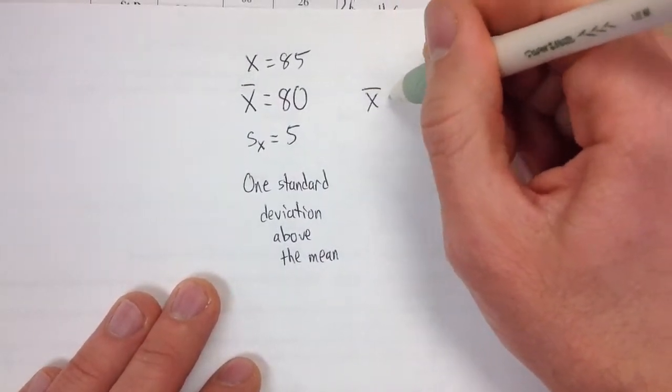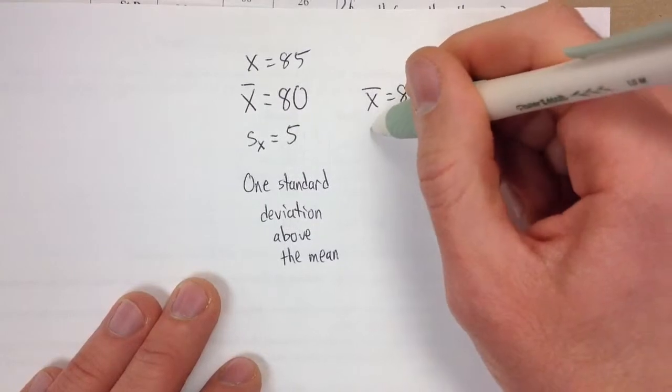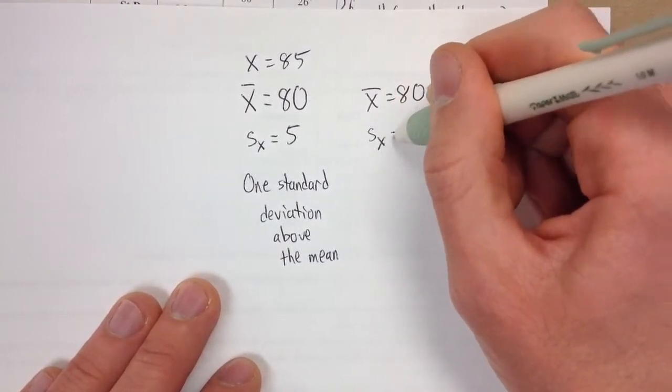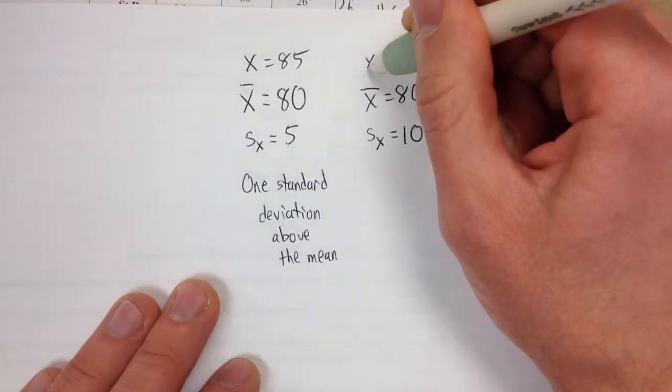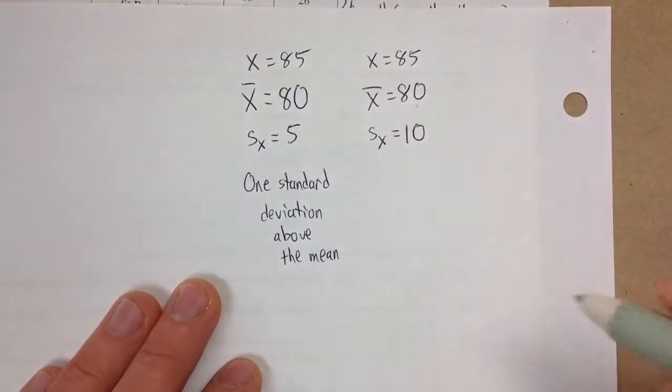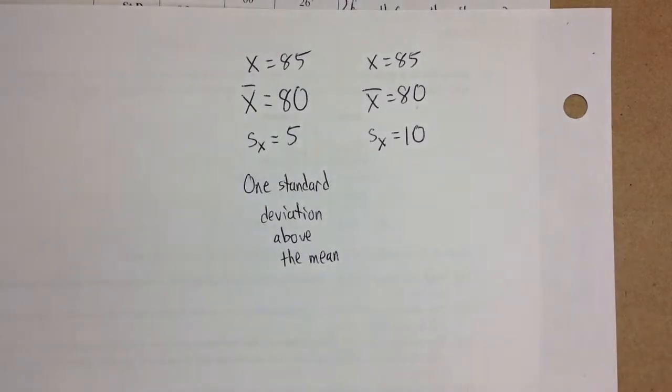Now, different scenario. There's a lot more variability in the scores. Twice as much. Your score is still the same. Although it's above average, it's not as good relatively speaking. Do you get that?